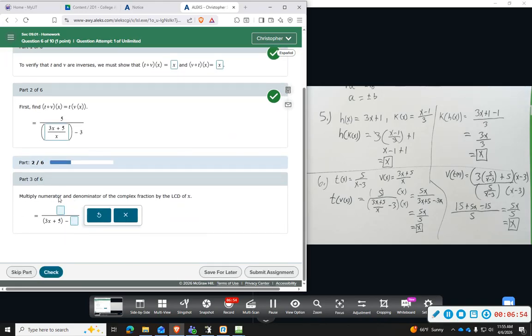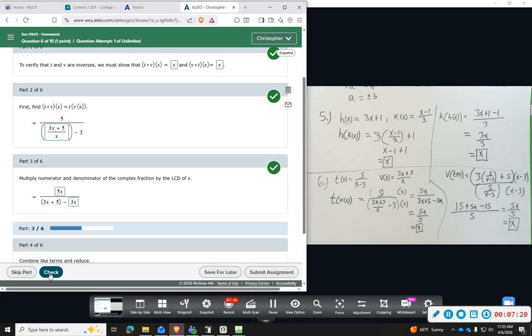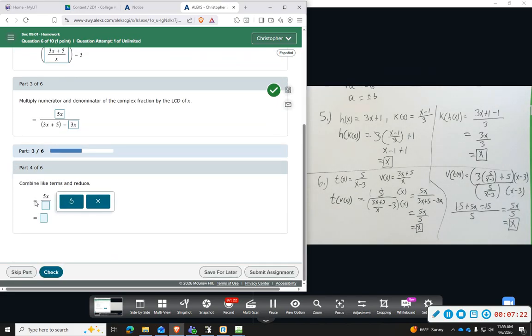And then multiply the numerator and denominator of the complex fraction by the LCD of x. Okay, so that's what we did, multiply by x right here, and then we get 5x on the numerator, and this was a minus 3x. Combine like terms, reduce. This was a 5, so at this part right here, that just equals x.